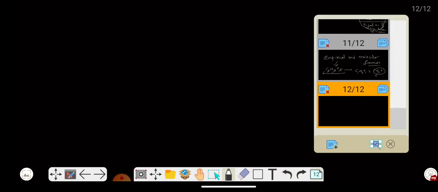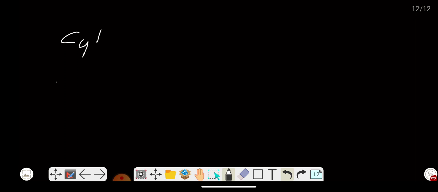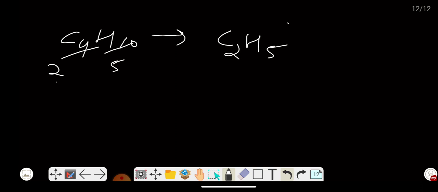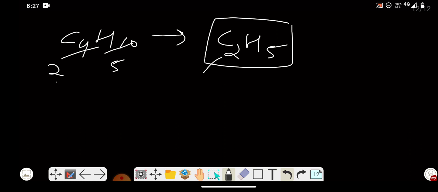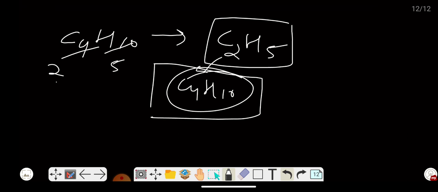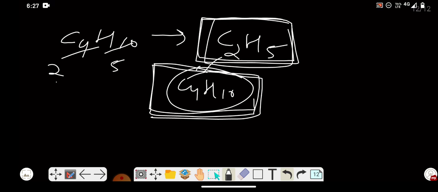Now let us calculate the empirical formula for C4H10. Divide by 2. So C2H5 is the empirical formula for C4H10. In this way the simplest whole number ratio can be calculated, and this is the empirical formula. Then the molecular formula.